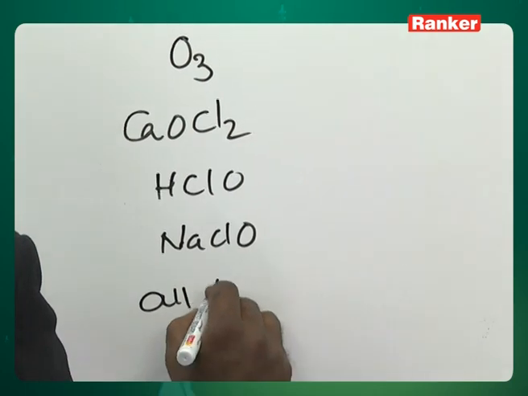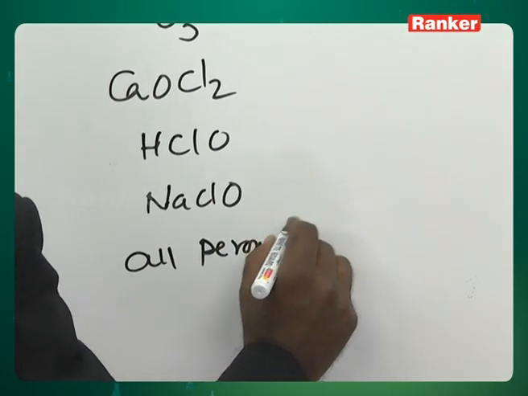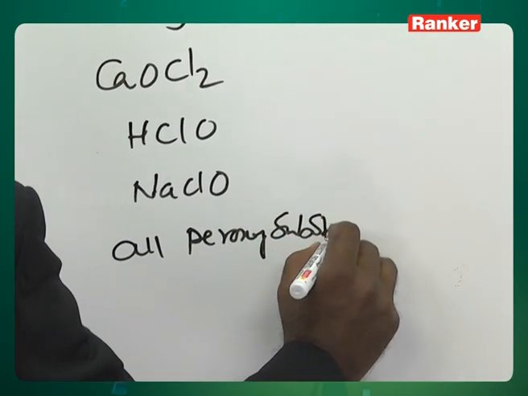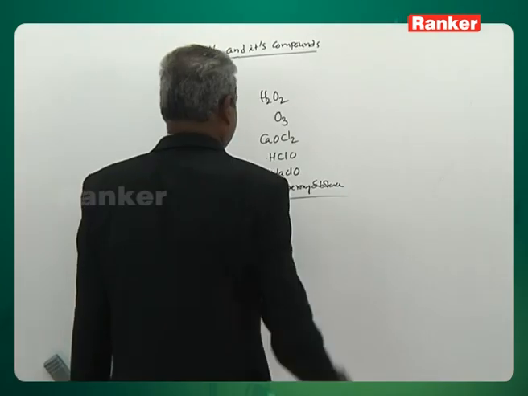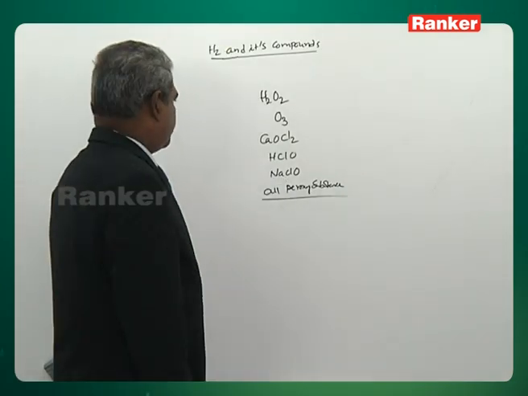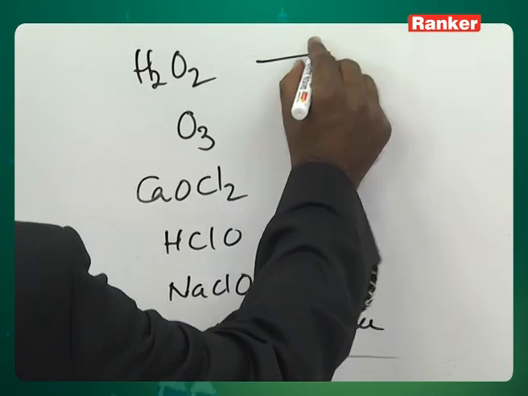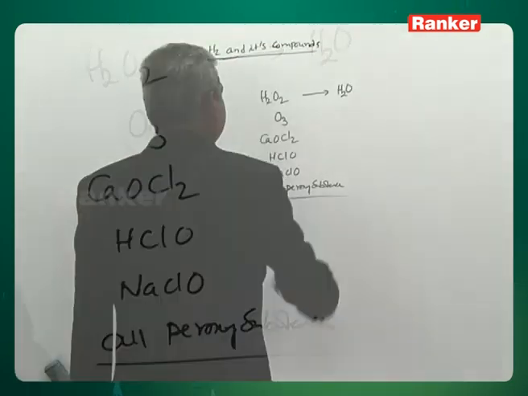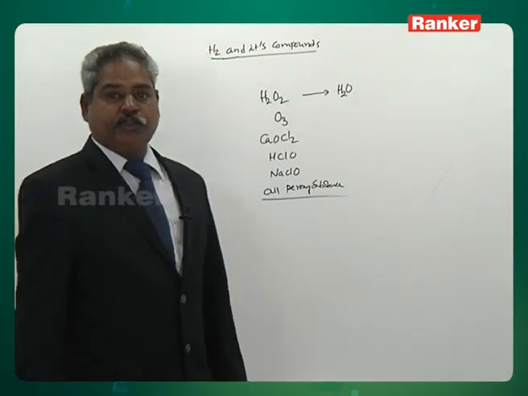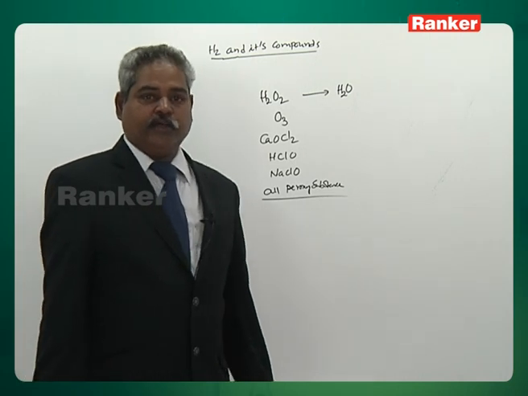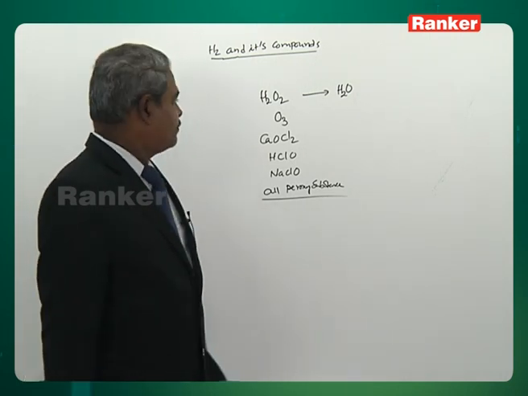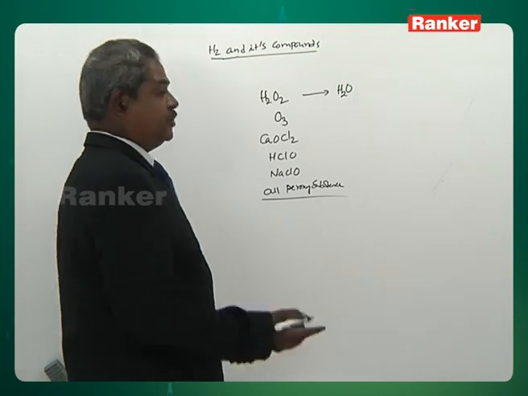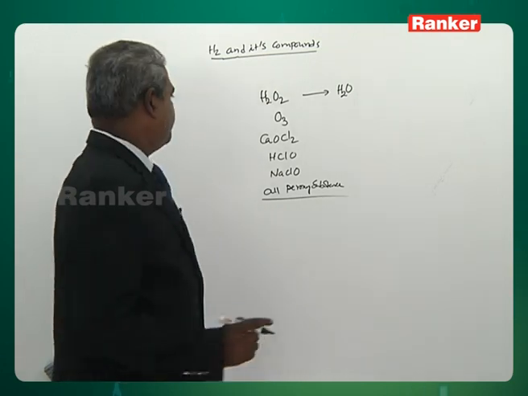All peroxy substances. H2O2 wants to become H2O. Why? Because H2O is very stable, because the O-H bond is very, very strong, you can't break that easily. And the O-O bond is very, very weak, that breaks very easily.